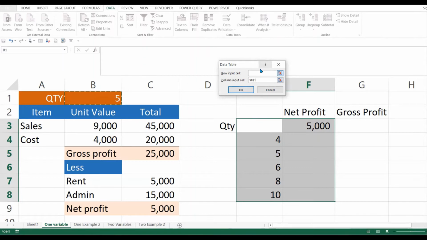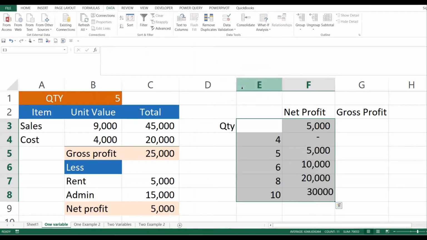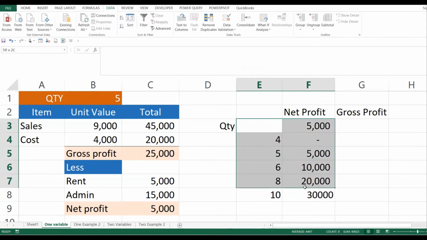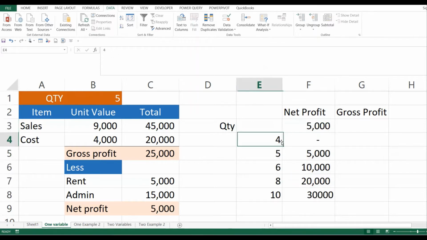Since it is in column form, we are going to use the second cell, and we reference this cell to the quantity in our model here. That is B1. After we have done that, then we click OK. The moment we do that, our data table is filled here. So the first one, this is the original quantity.